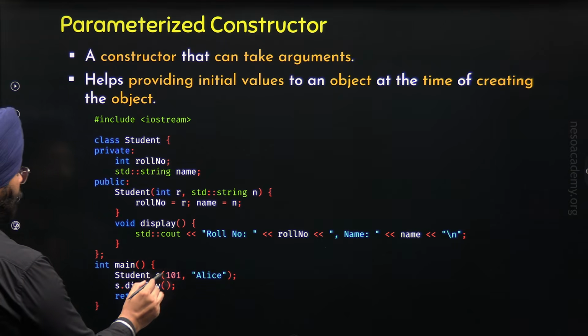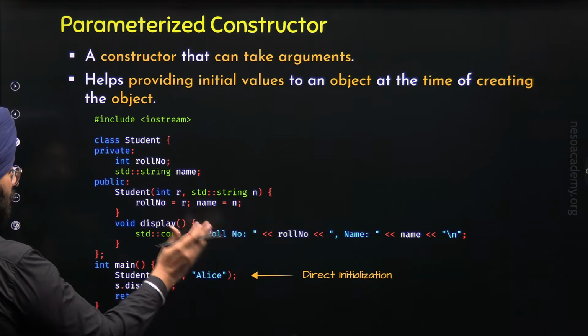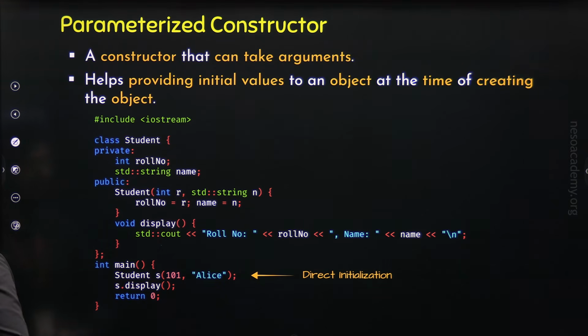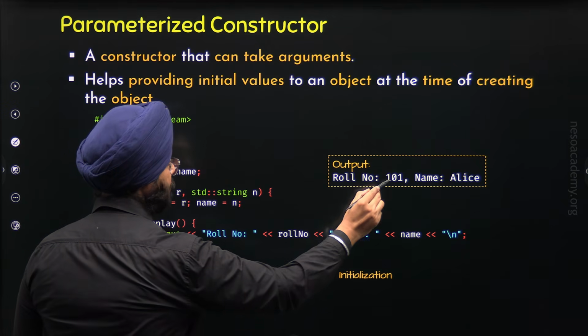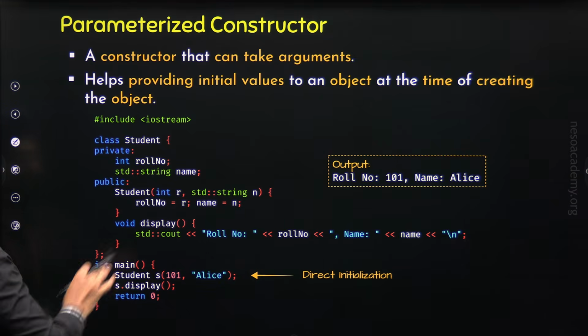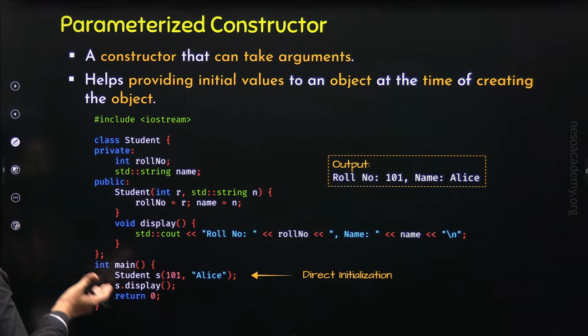We need to provide values directly to the object. This is how we can follow the direct initialization. This is the preferred way of initialization. Now we know, again when we execute this program, we will get the same output, roll number 101 and name Alice. We have just changed the method of initialization. The entire code is exactly the same as before.